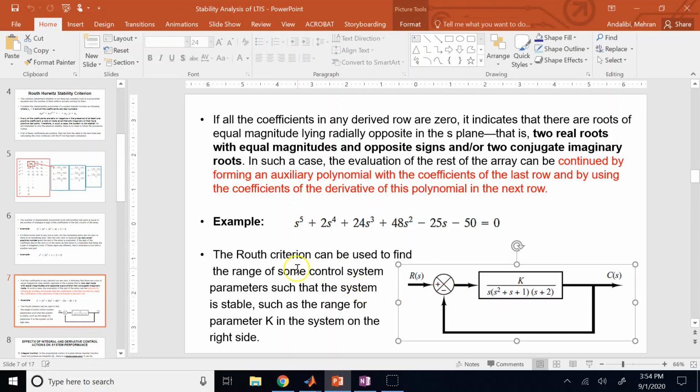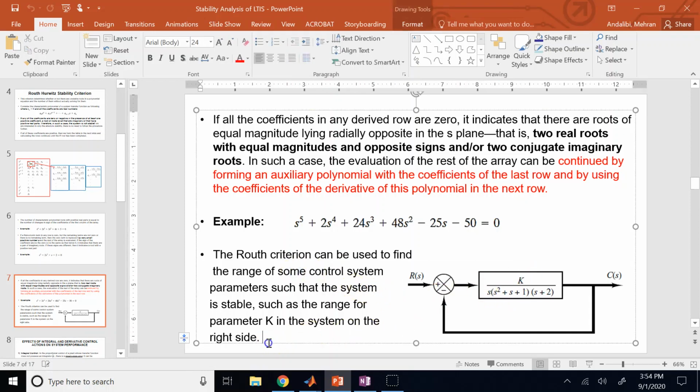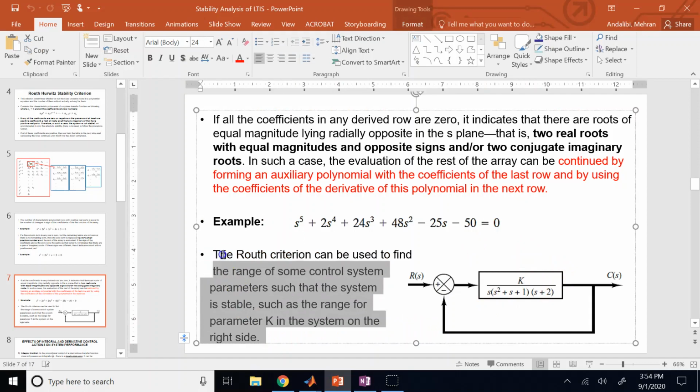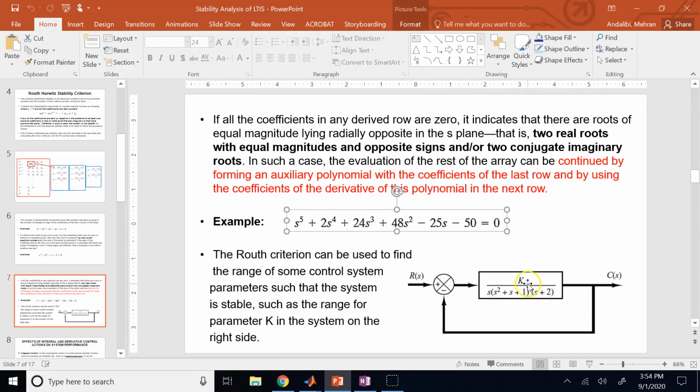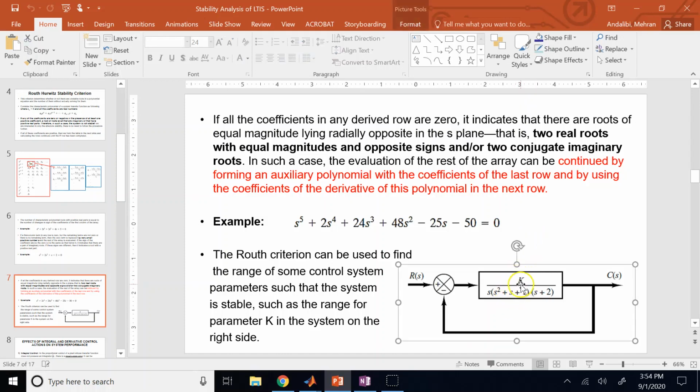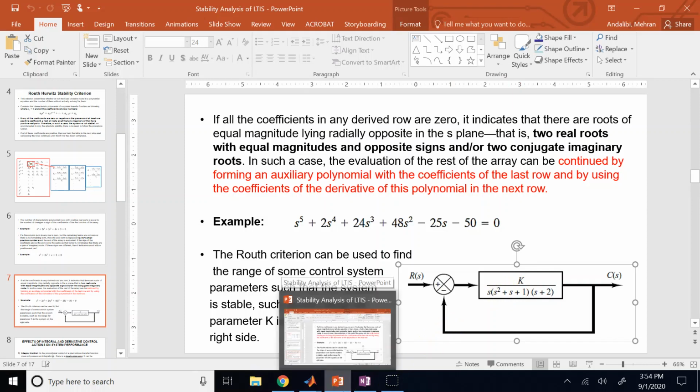It gives you ranges for some parameters in the system, so that for those ranges of the parameter the system is stable. Outside those ranges the system is not. So it gives you inequalities for some of the parameters in the system that you can change, you can tune. That's the big advantage of this method. The roots command cannot give you such a thing.